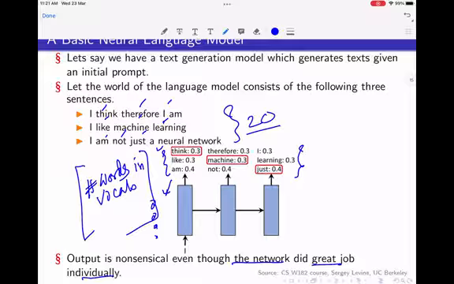Then the difference is that you are sampling think, doing that sampling operation on the output.